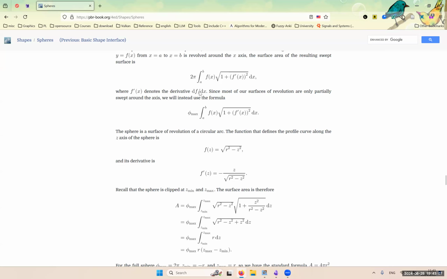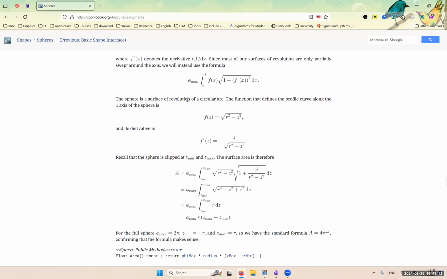Yep. Surface of revolution of a circular arc. The function that defines the profile curve along the z-axis of the sphere is, yes, and its derivative like this.